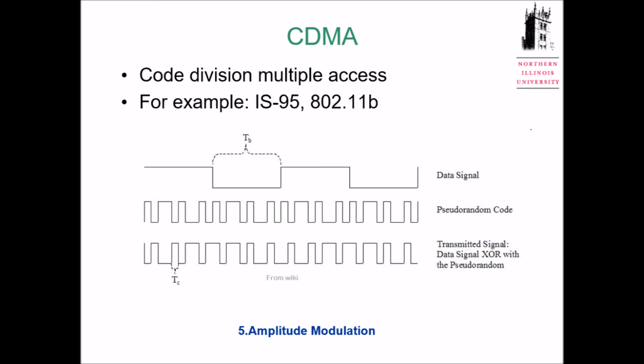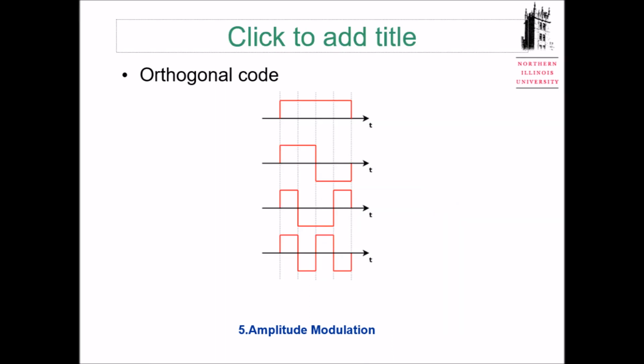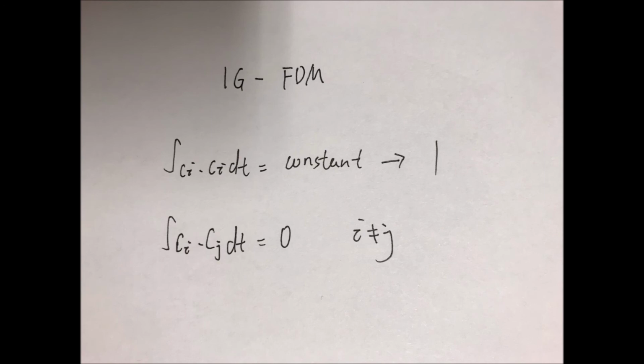It means every code, multiplied with itself, the shaded area will be a constant, or to make it simpler, 1. So multiplied with itself, I have positive, positive, positive, positive. So when I calculate the integral, I get 1.